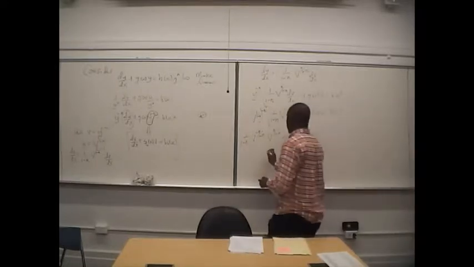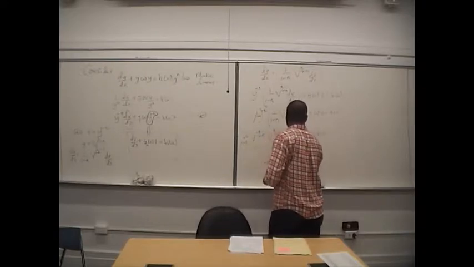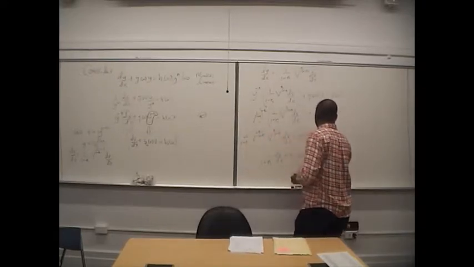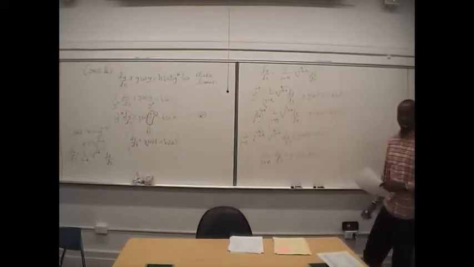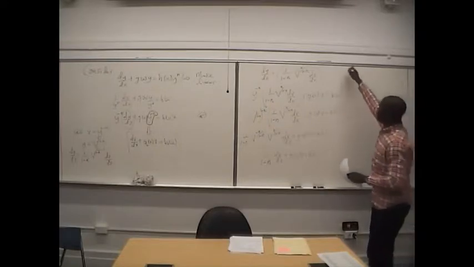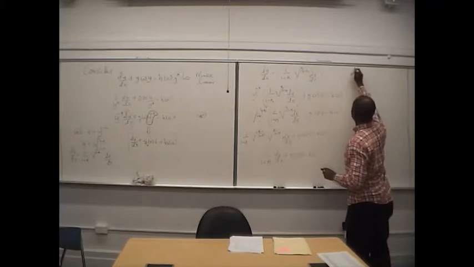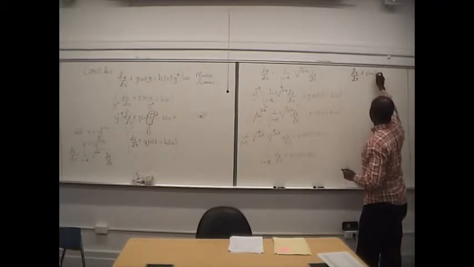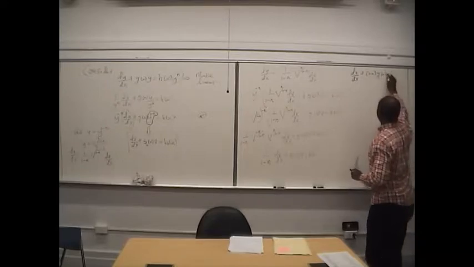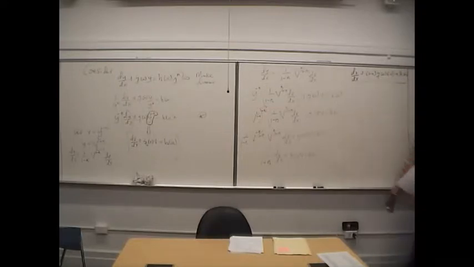So what do I have? 1 over 1 minus n dv dx plus q of x v is now h of x. And if I want this coefficient to be 1, I just multiply through by 1 minus n, so that I have dv dx plus 1 minus n q of x v equals 1 minus n h of x. And now this is linear in terms of v.